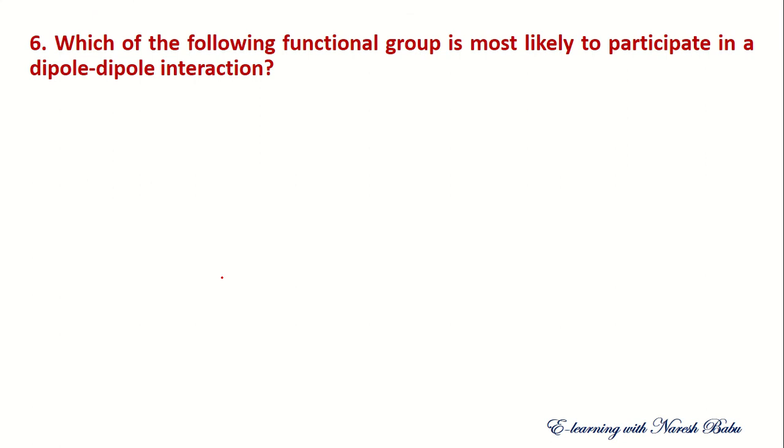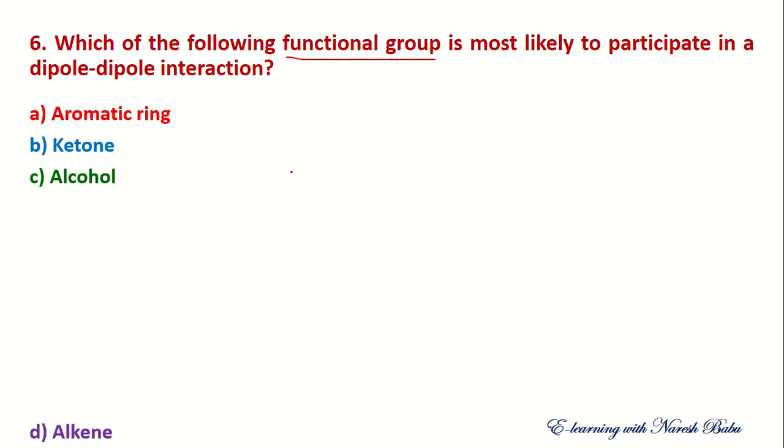Sixth question: which of the following functional groups is most likely to participate in a dipole-dipole interaction? The options are aromatic ring, ketone, alcohol, or alkene. Among these four, which forms a dipole-dipole interaction?